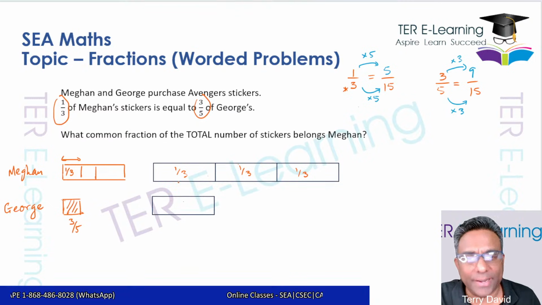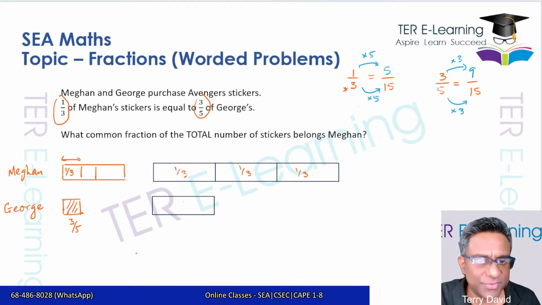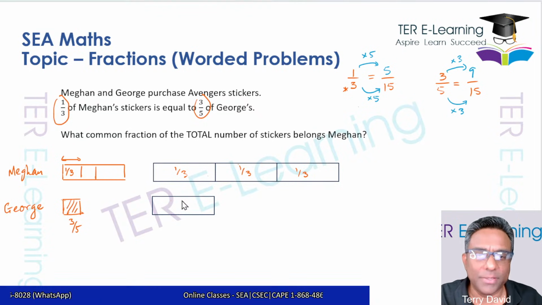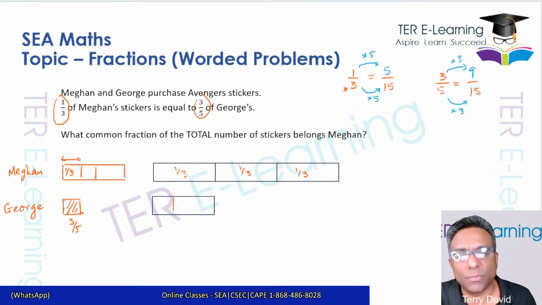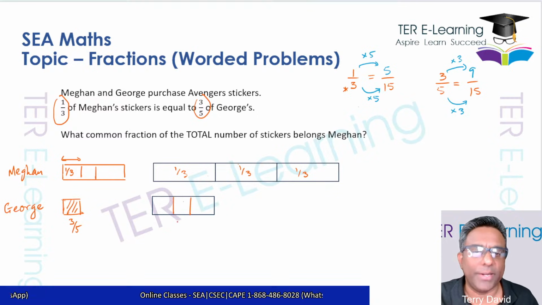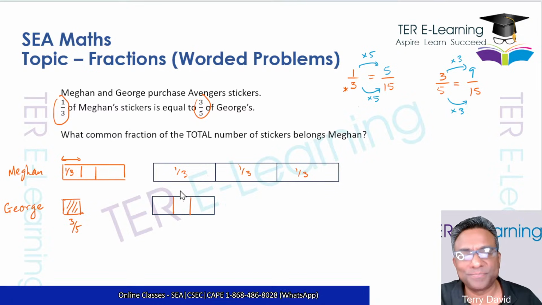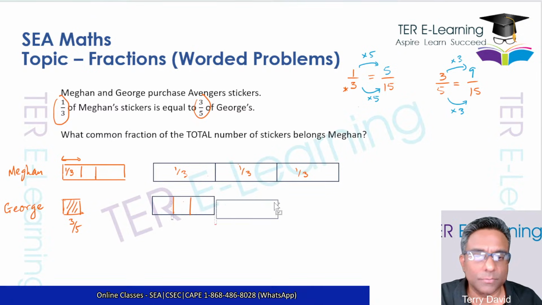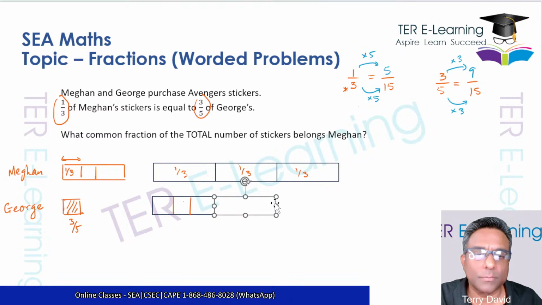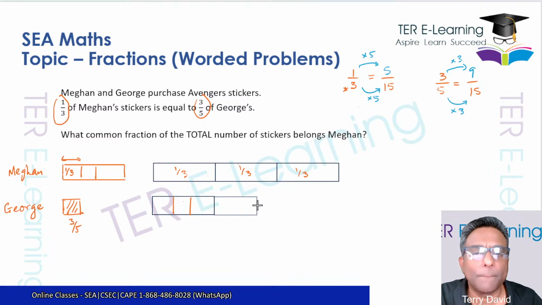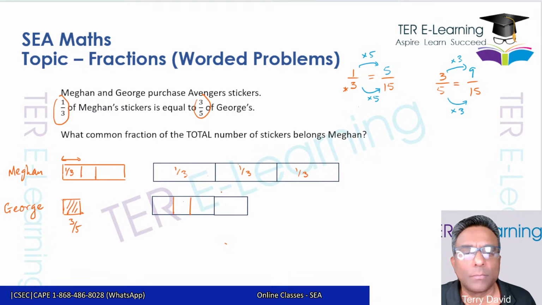Now this here is actually equal to 3/5 of what George has. So if this is 3/5, 1, 2, 3, that means that we need 1, 2, 3, 4, 5.